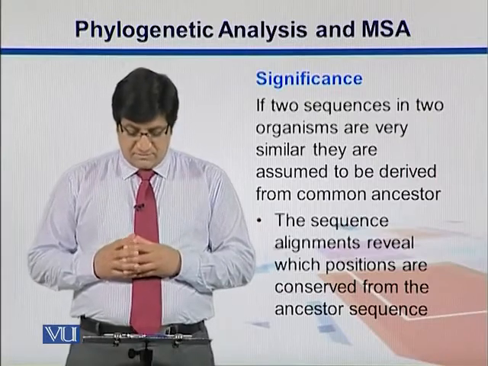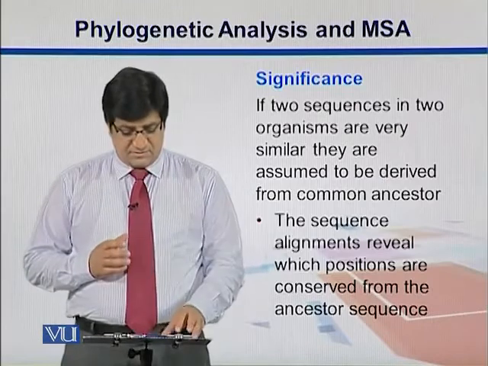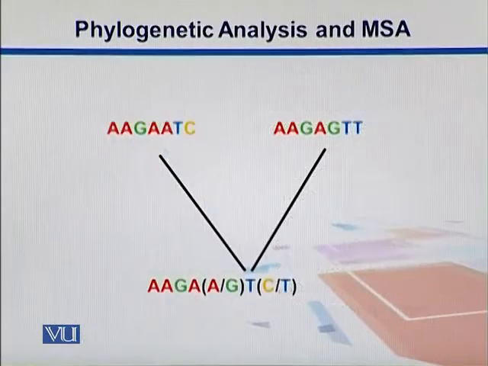So the sequence alignments reveal which positions are conserved from the ancestors. For example, here we have two sequences, AAG, AATC. On the other side, we have AAG, AGTT. So we see that there are two mismatches. If we align these sequences, we can come up with a consensus, where we can see that positions 1, 2, 3, and 4, AAGA, are conserved.